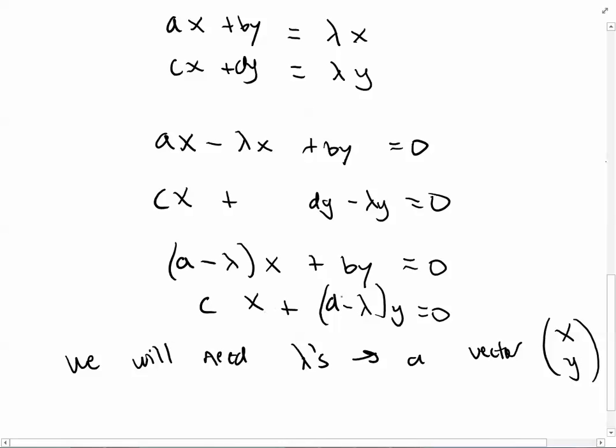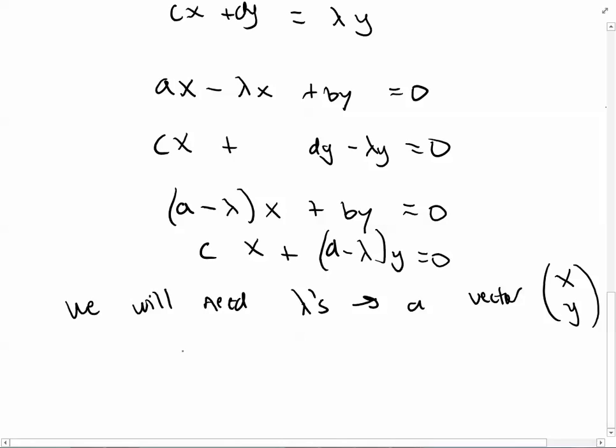That might not mean much to you right now, but for each lambda that we calculate, we're going to need to find this special vector, which has a special name. It's called an eigenvector. We'll define that in a few minutes. And we don't want a vector of (0, 0). The key is to find lambda so that the determinant of what we've calculated here equals 0.